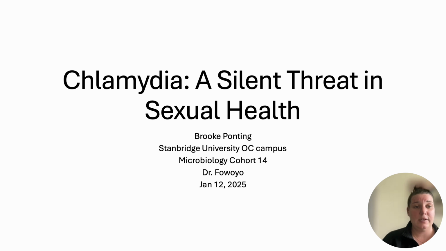The life cycle of this pathogen has two distinct forms called the elementary body and the reticulate body. The elementary body refers to a small, round, non-replicating infectious form of the pathogen, which is released from ruptured infected cells.